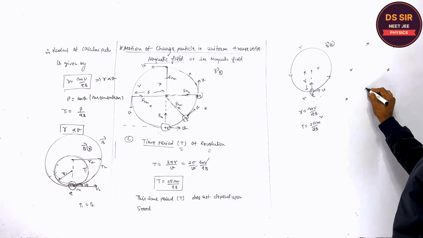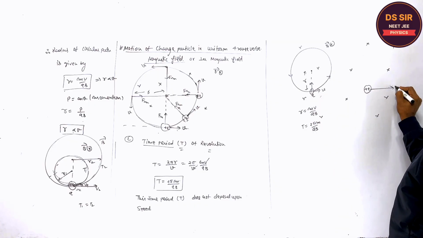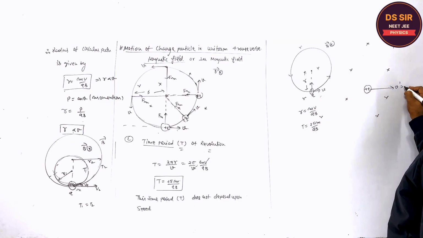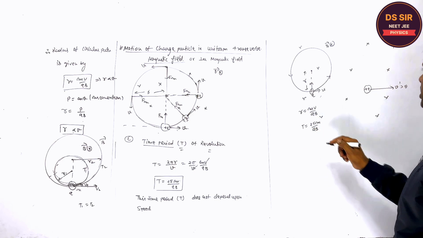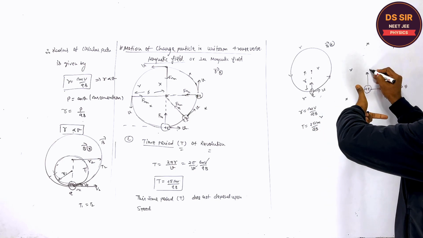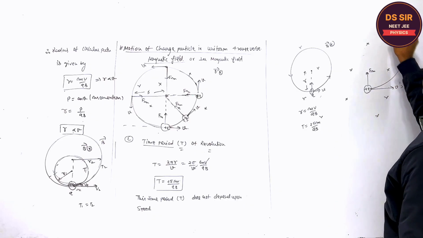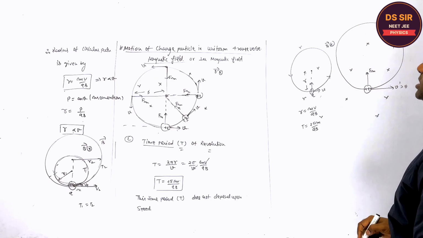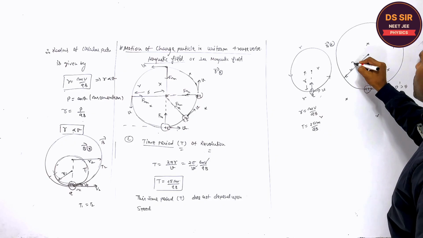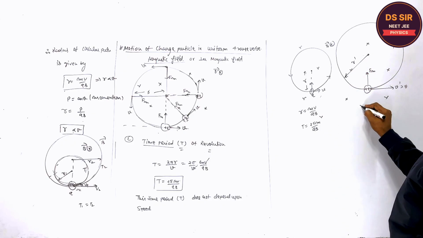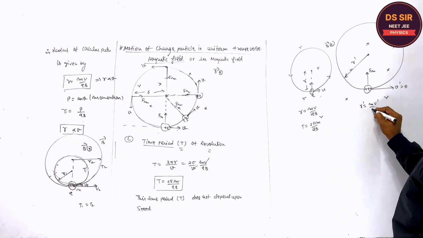Yes. Now, if the same charged particle is given the velocity v dash, and v dash is greater than v, the magnetic force will also be increased, and therefore it takes this path, and the radius is r dash. So what is r dash? m v dash upon qB.